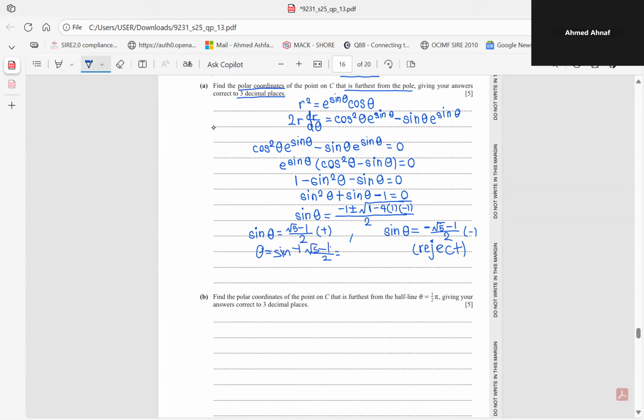Don't forget to set your calculator to radian mode. That is 0.666 to 3 decimal places.